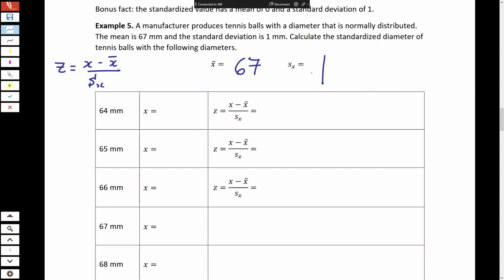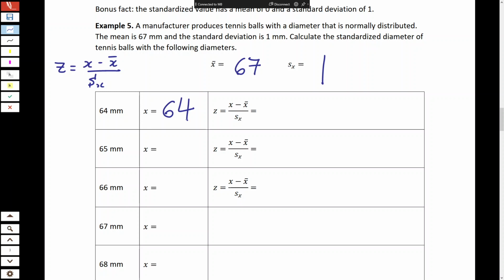All right. Let's see what happens when I take different values. So let's imagine I reached out into the bag and I pulled out a tennis ball with a diameter of 64 millimeters. Every time I get a new tennis ball, my value x is going to change. Okay?